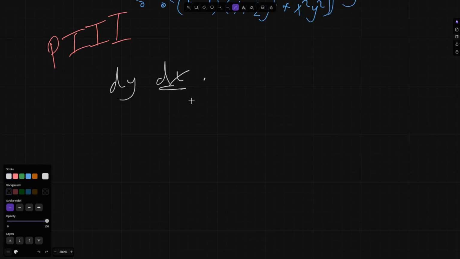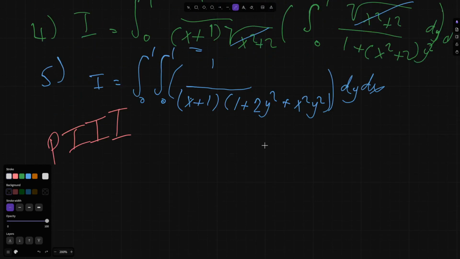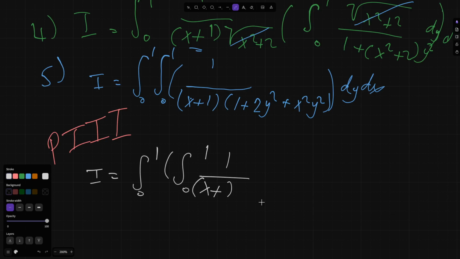So let's rearrange the denominator in the last part. I is going to be the integral from 0 to 1 of the integral from 0 to 1 of 1 over (x plus 1) times (1 plus 2y squared plus y squared x squared) dx, all by dy.